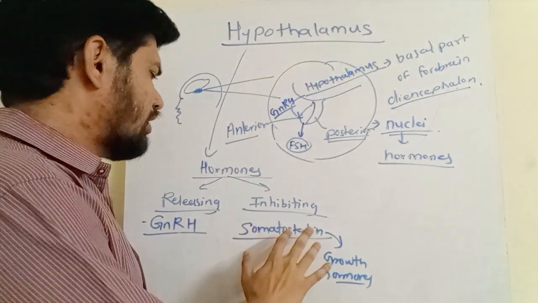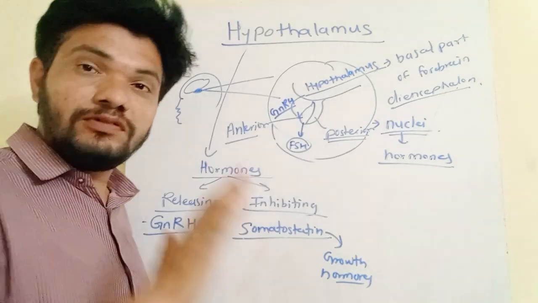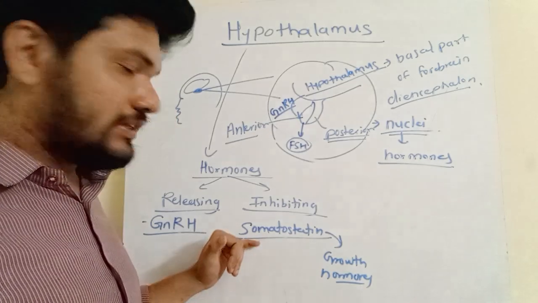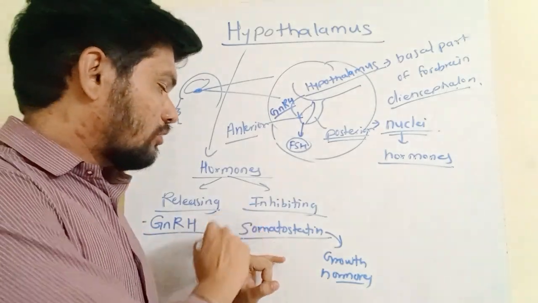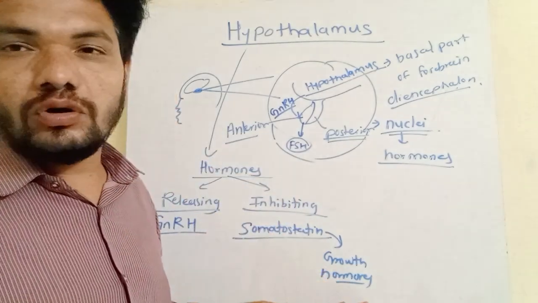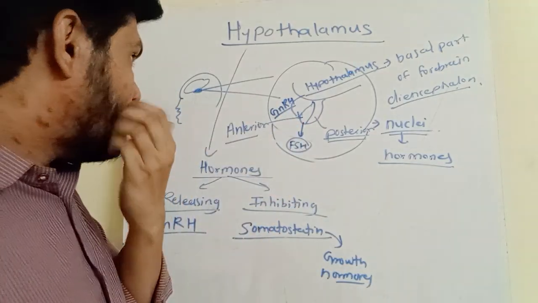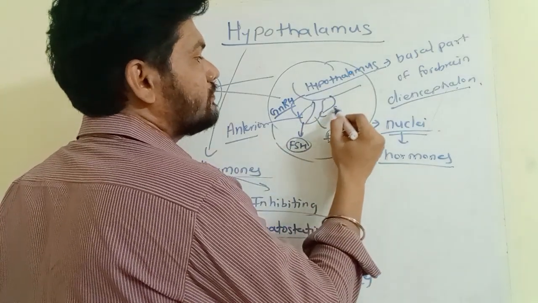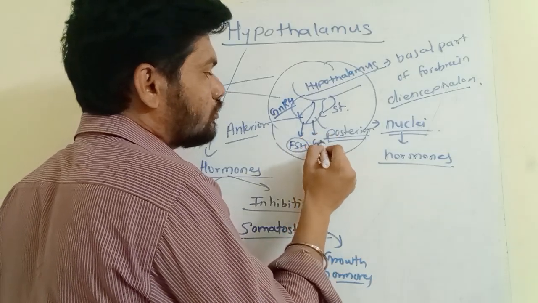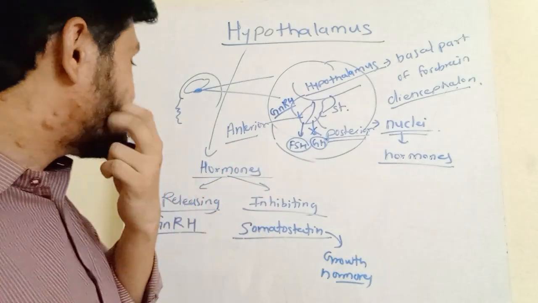So these two examples you have to remember: releasing hormone, GnRH, gonadotropin releasing hormone; and inhibiting hormone, somatostatin, which stops or inhibits the secretion of growth hormones, which are secreted by the pituitary gland. Okay, so when somatostatin is released, it will stop the secretion of growth hormones. In this way it works.